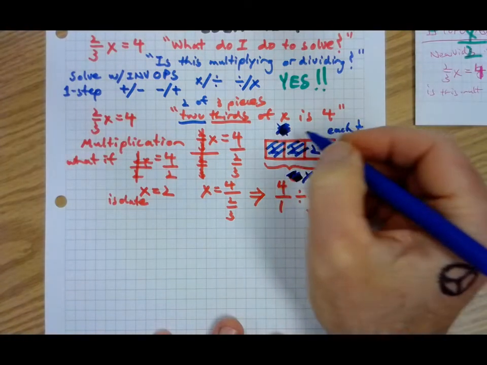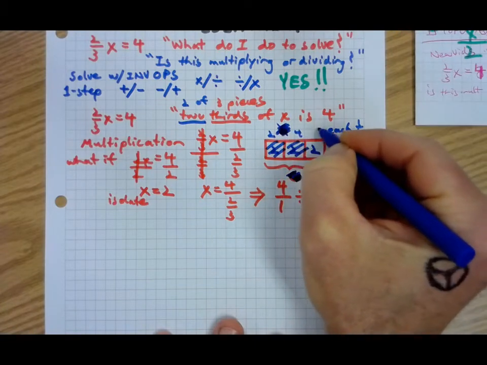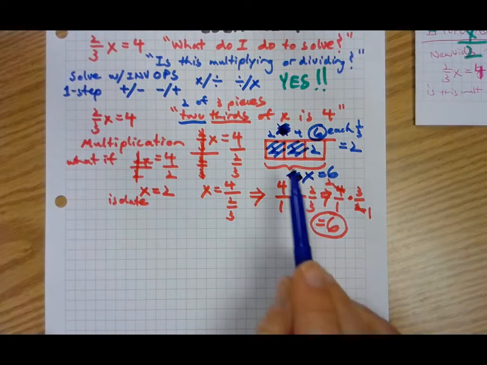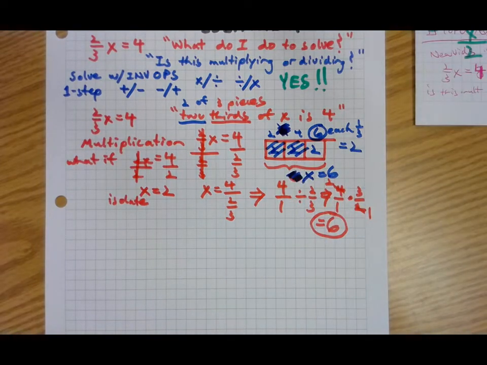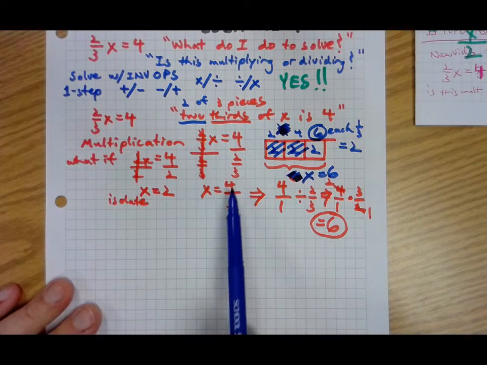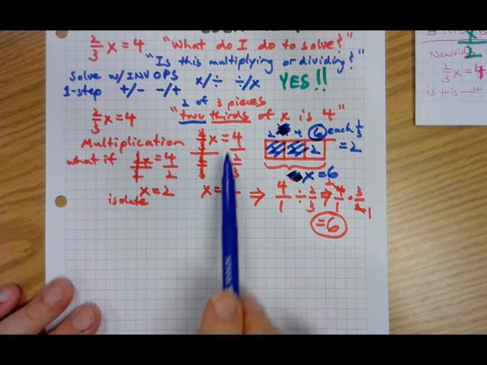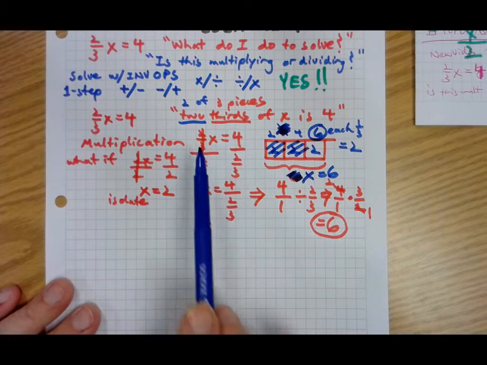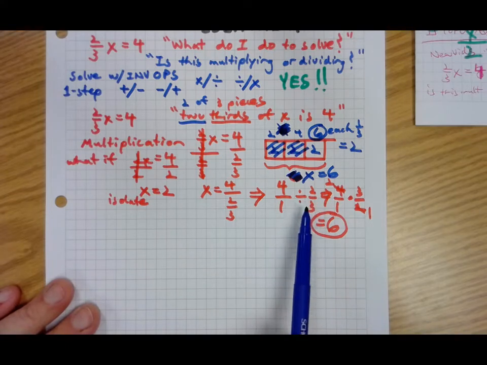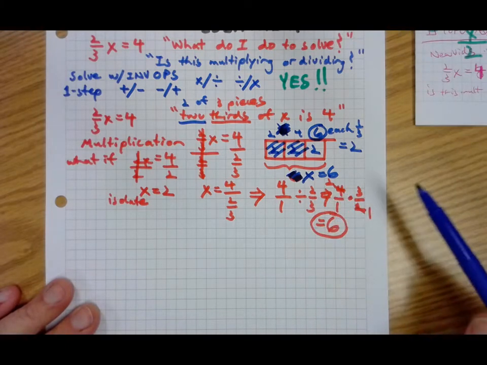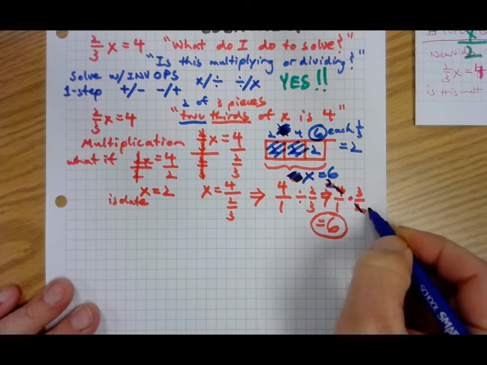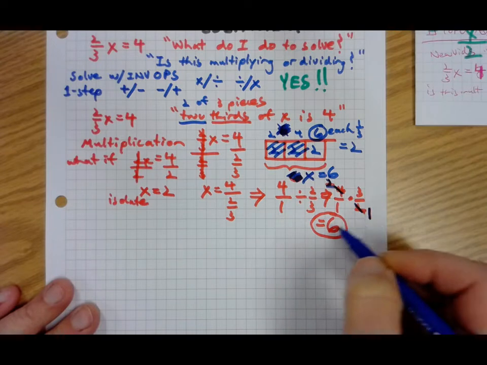So if we count all 3 pieces, 2, 4, 6, there we go, x equals 6. So we can use a simple picture on a problem like this with small numbers. We can divide both sides, treat it like multiplication, divide both sides by the coefficient of x, which then causes us to have a division problem on the right side. But then we flip and multiply and do a little simplifying ahead of time, and it just comes down to 2 times 3 equals 6.